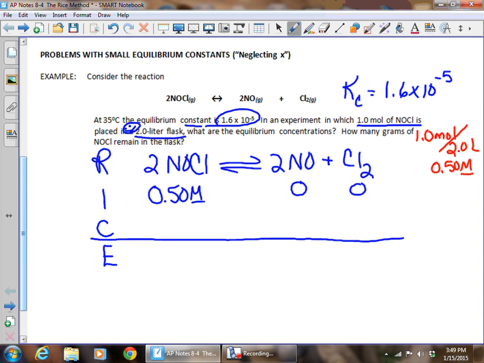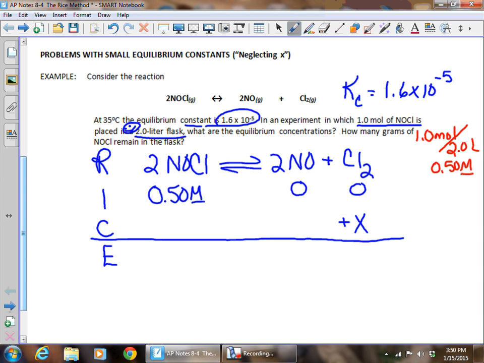As the reaction proceeds, we're going to lose some NOCl. For every 2 NOCl that we lose, we're going to produce 2 NO and 1 Cl2. So we're going to get some Cl2, and we're going to call that x. So we're going to add in some concentration of Cl2, some moles per liter.